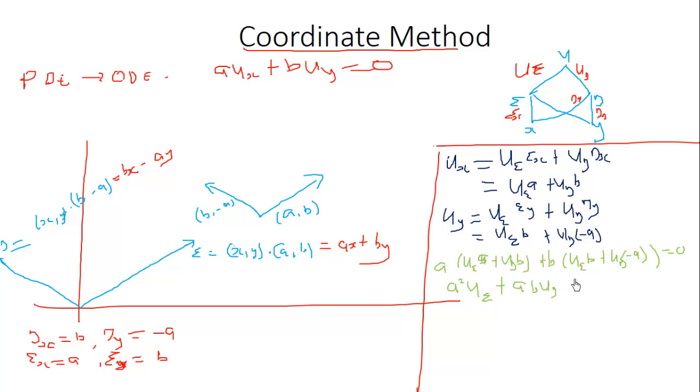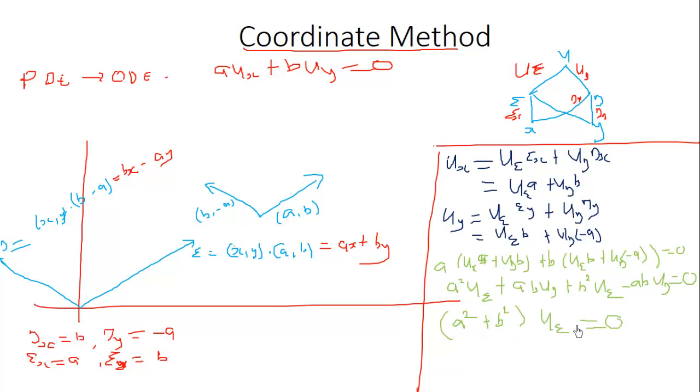Then now we have plus b squared u zeta minus ab u eta being equal to 0. So we simplify this to get (a squared plus b squared) u zeta being equal to 0.